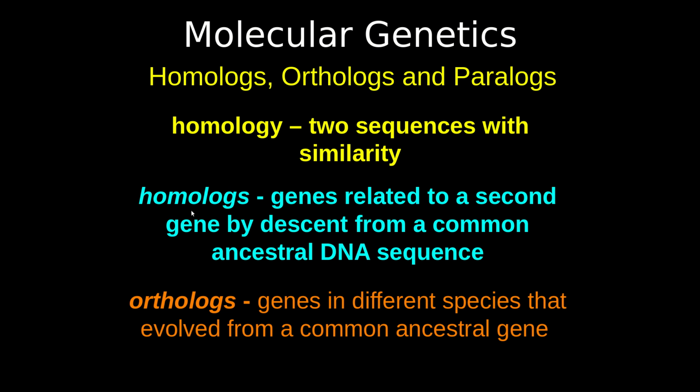So the idea is this is a sequence, and this is the broader one. This is the more specific one, if that makes sense to you. This is the sequence related to another sequence. This one is the sequence in a species related to the sequence from another species.